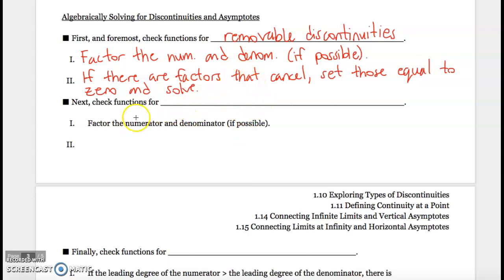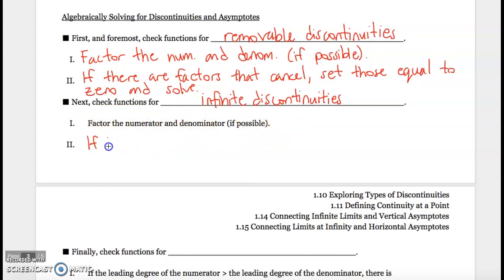All right, next we're going to check functions for infinite discontinuities. Okay, and you have the same first step, so factor the numerator and denominator if possible.